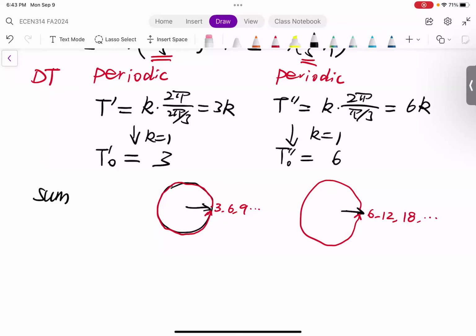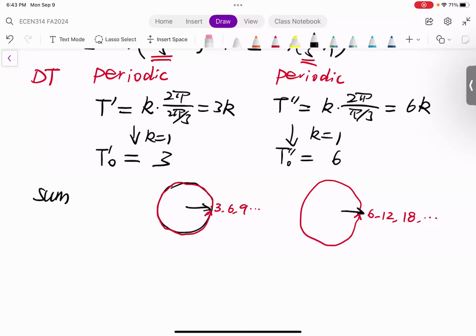What's that time? On the left, you see that it returns to 3 o'clock at 3 seconds, 6 seconds, 9 seconds. On the right, the second signal returns to 3 o'clock after 6 seconds, 12 seconds, 18 seconds.